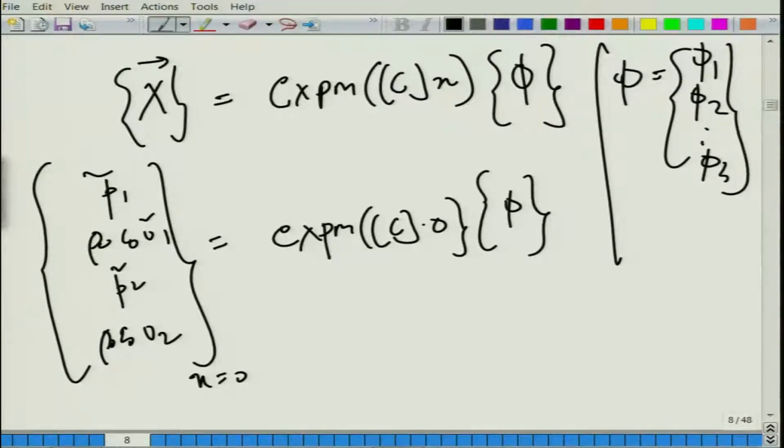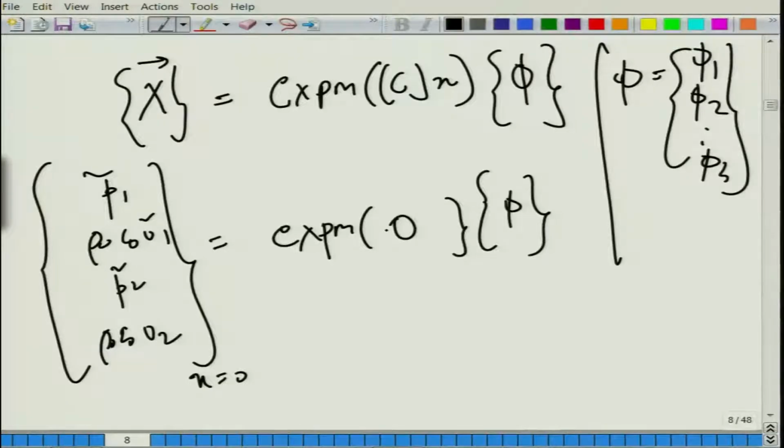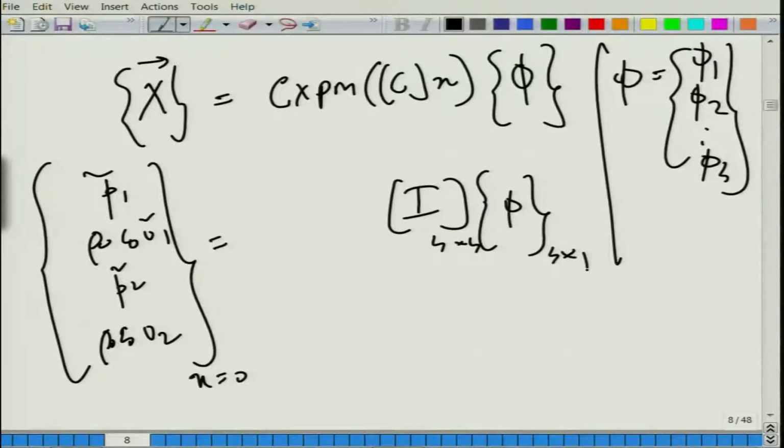Remember the definition of the exponential: exponential to the power A is I plus A squared by 2 factorial plus A cubed by 3 factorial and so on. So we are just getting the 0 matrix, and we can replace expm by I. So I, the identity, which is 4 cross 4, times this 4 cross 1 gives back your phi vector.